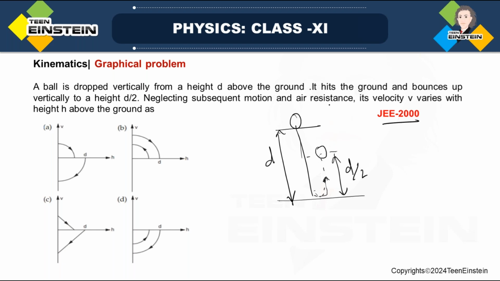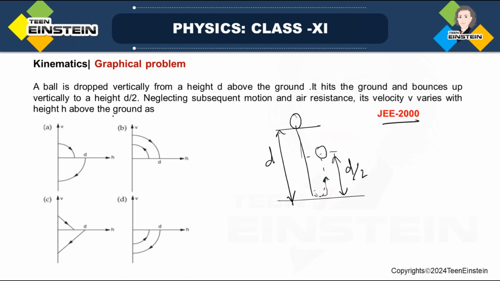Neglecting subsequent motion and air resistance, its velocity v varies with height. So we can neglect all other types of motion, and you can neglect the air resistance as well. Then what will be its velocity?